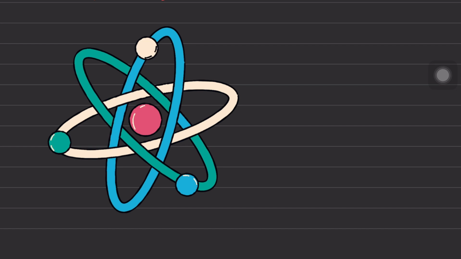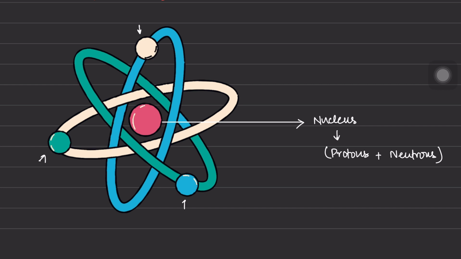This pink thing is what we call the nucleus. Inside the nucleus we've got positively charged protons and neutrons, and these guys right here are called electrons, which carry a negative charge.